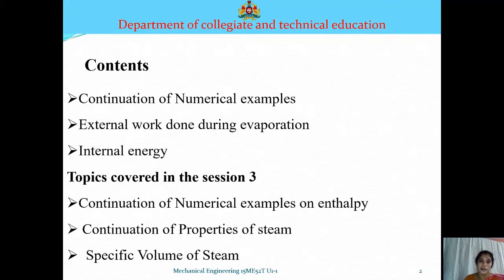We even learned that the specific volume of superheated steam obeys Charles law, and by using Charles law we obtained the formula. The Vg will be directly obtained from the steam table, and the value of Vf will be very small and hence it will be neglected in the problems. So we'll be considering only the Vg. So for the wet steam, it is x into Vg.